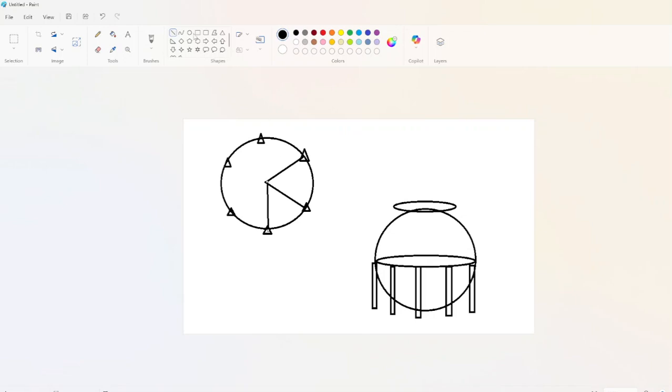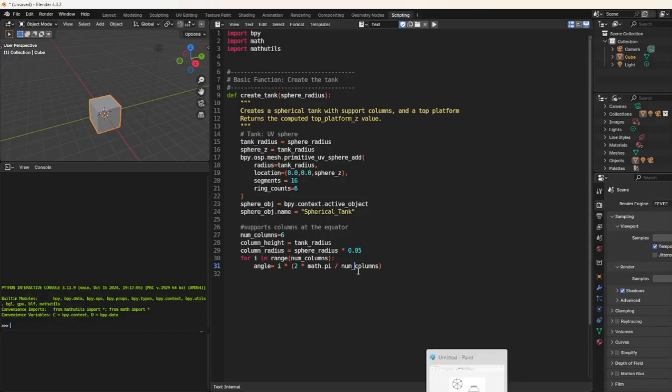Not all the directions, I meant to where the columns are. Alright, now that we've drawn this, let's go to the code and see this.